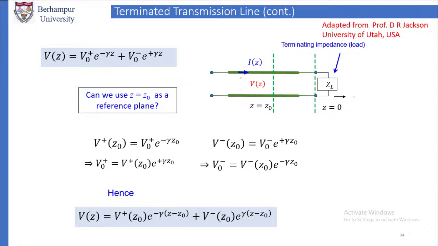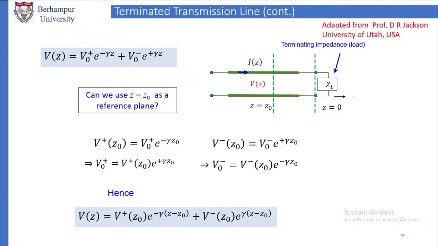Capital Z equal to z0 is the reference point on the transmission line, and small z equal to 0 is the termination point or the load point. You can write small z equal to L, or B, whatever you want, but I will take small z equal to z0.